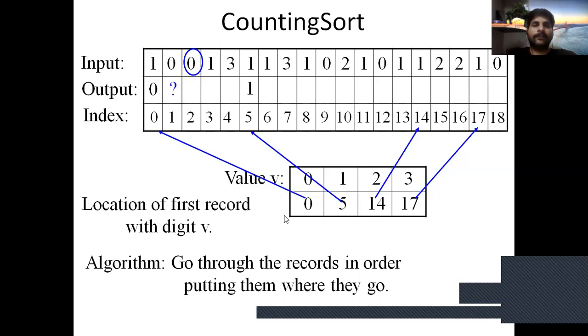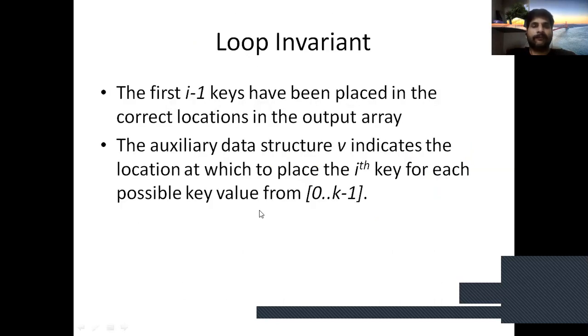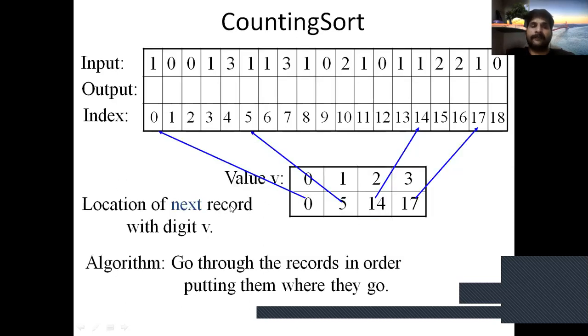So we also update the value of this auxiliary array C. The first i minus 1 keys have been placed in the correct location in the output array. The auxiliary data structure V indicates the location at which to place the ith key for each possible key value from 0 to k minus 1. So we update the value of the auxiliary array in each step.